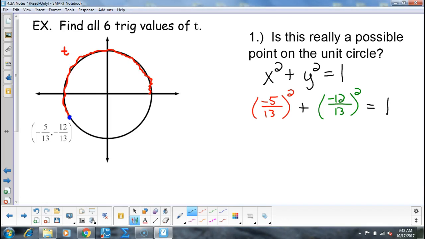So what is negative 5/13 squared? You should be able to do this without a calculator. Negative 5/13 times negative 5/13. Negative 5 times negative 5 over 13 times 13.